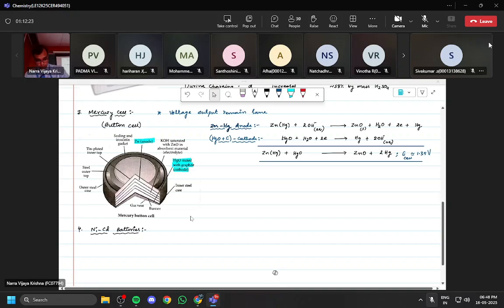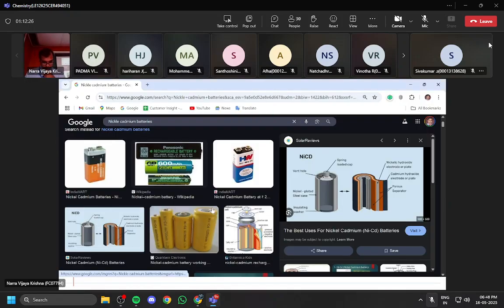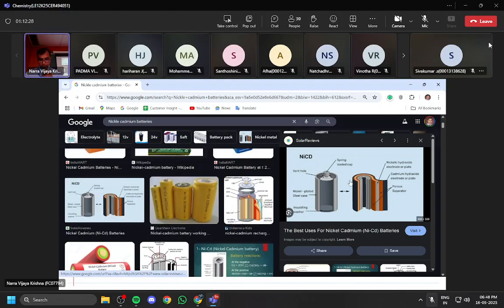Same image only, no? Right, I am taking this image.